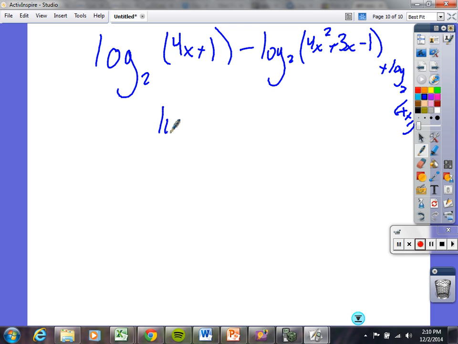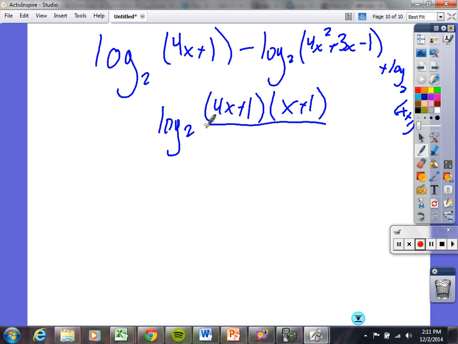So I have log base 2 of 4x plus 1 times, what else? x plus 1 over 4x squared plus 3x minus 1. Is that my answer? No. What are you going to have to do? Simplify by factoring the bottom, right?